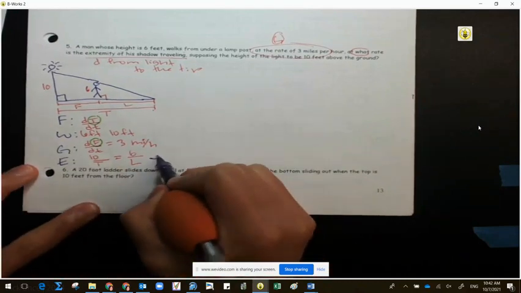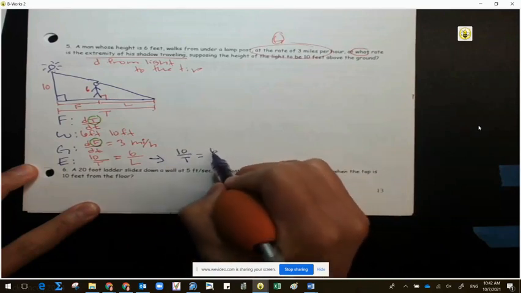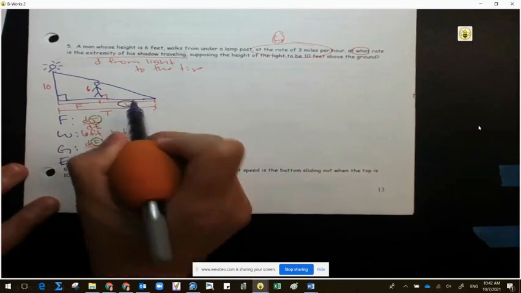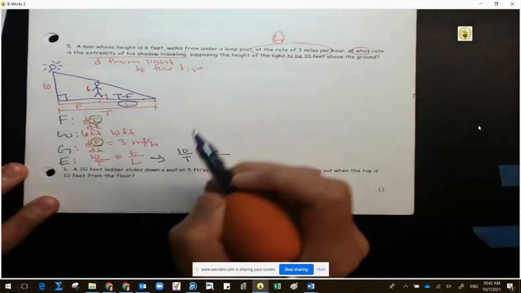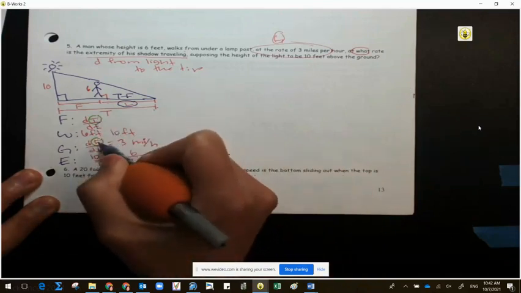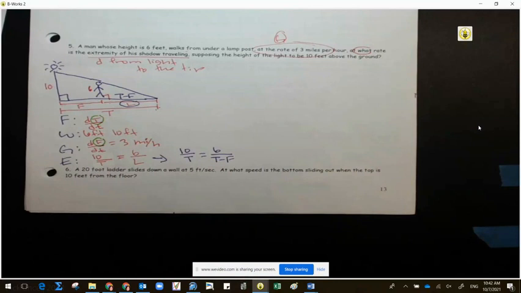I like the 10 over T, and I like the 6 on the top. But for the L, I could rewrite it as T minus F. Then we have it in terms of T and F. Is everyone good with that? I had to convert it because it has to be consistent with our rate.